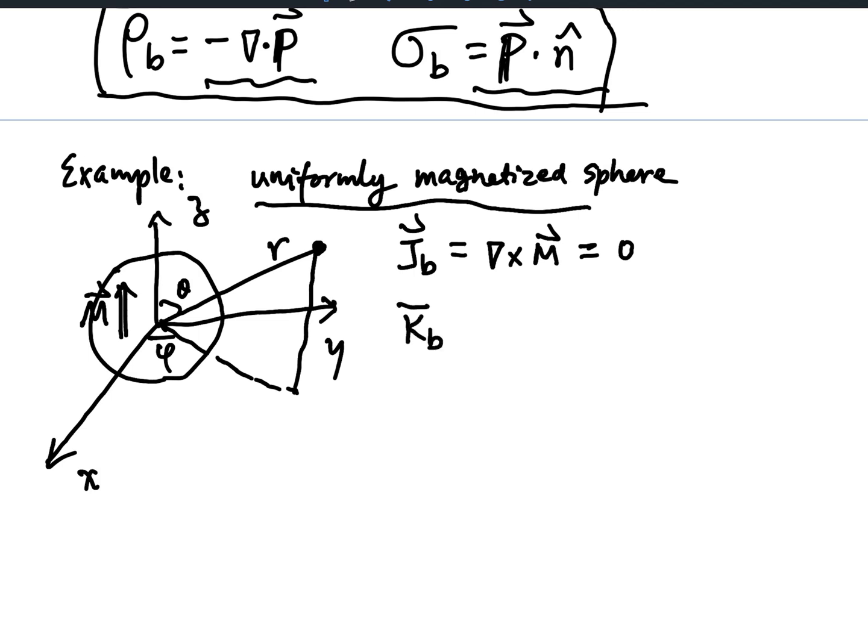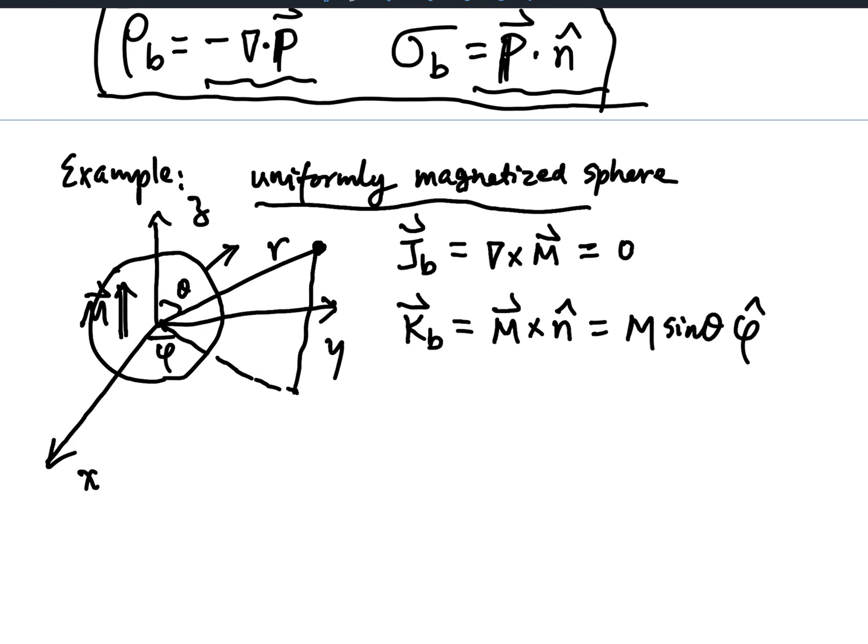Then we need to calculate the bound surface current. This is m cross n hat, where n hat is the direction pointing outward. m is along the z direction, so we should really have m sin theta, and that direction is along the phi hat direction.